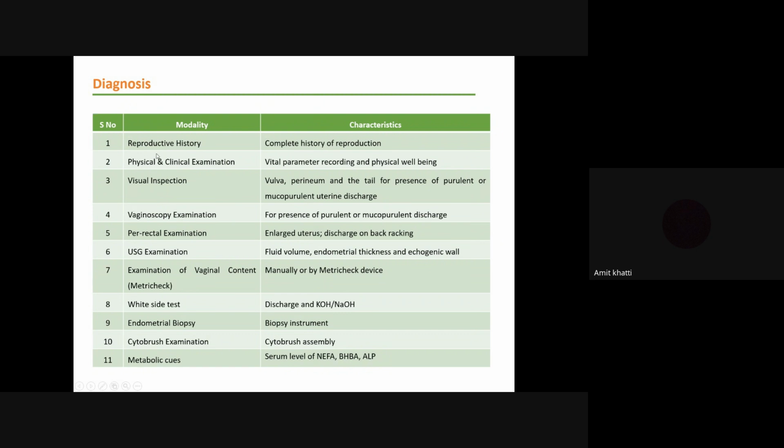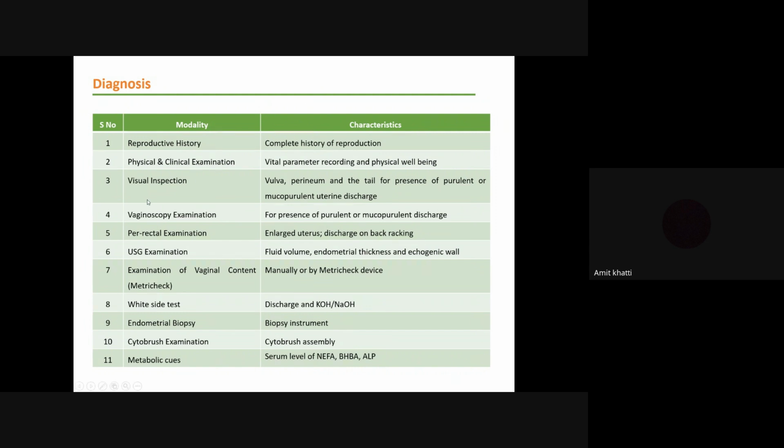Physical examination will give an idea about the body condition score, general appetite, and general health of the animal. Then vital parameters should be recorded, like rectal temperature, pulse, and mucous membrane. All those recordings should be made. It will give the systemic signs of the condition.